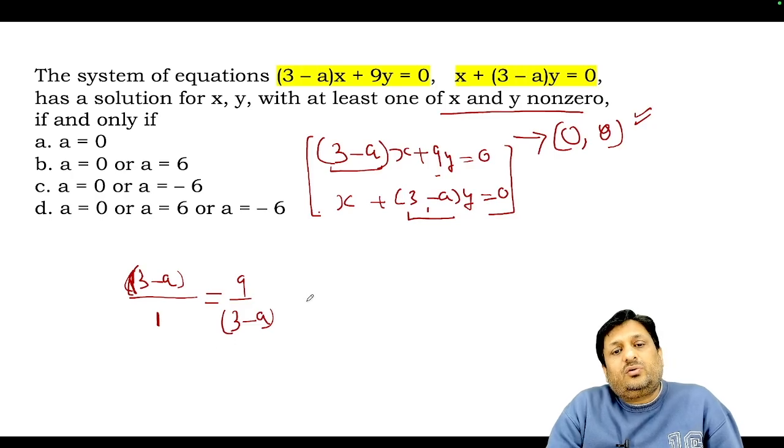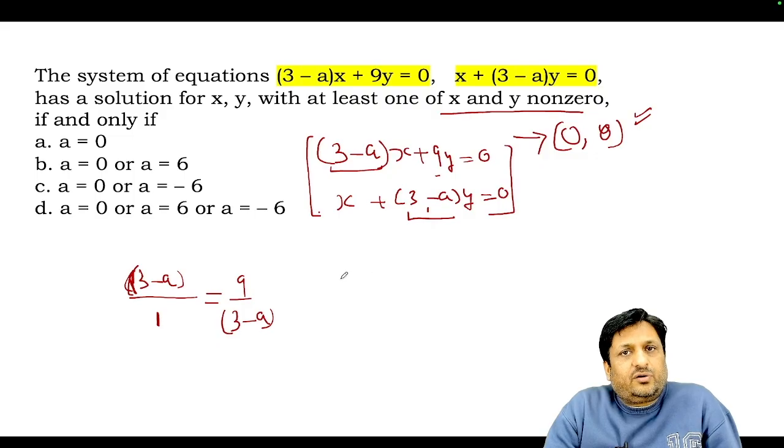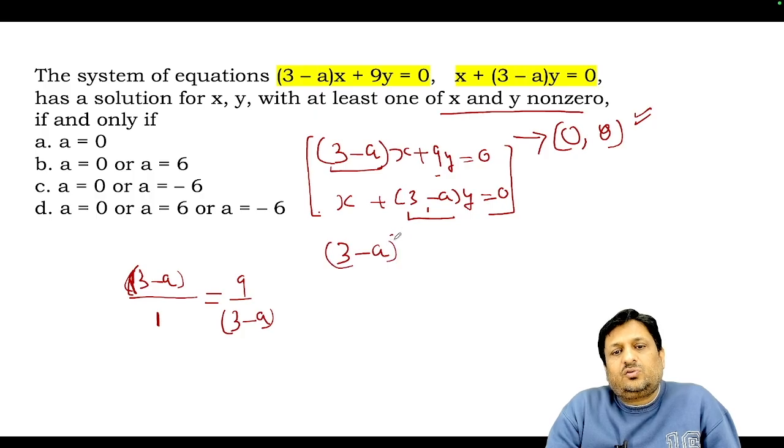Which should also equal the ratio of the constant terms, but here the constant term is 0, and we know 0 by 0 is an indeterminate form, so we can avoid it. So if I cross multiply, (3 minus a) whole square will become 9.